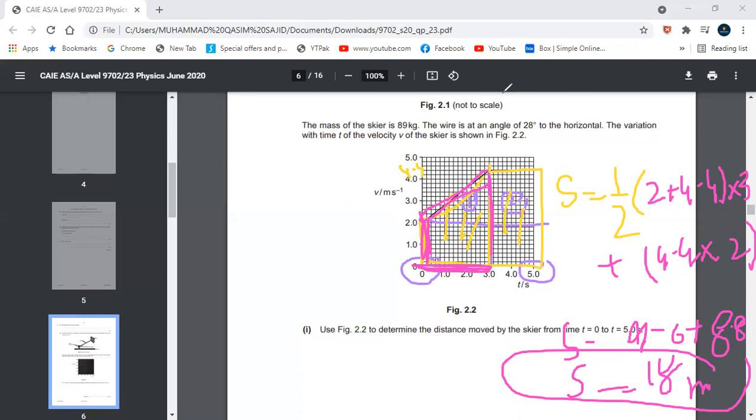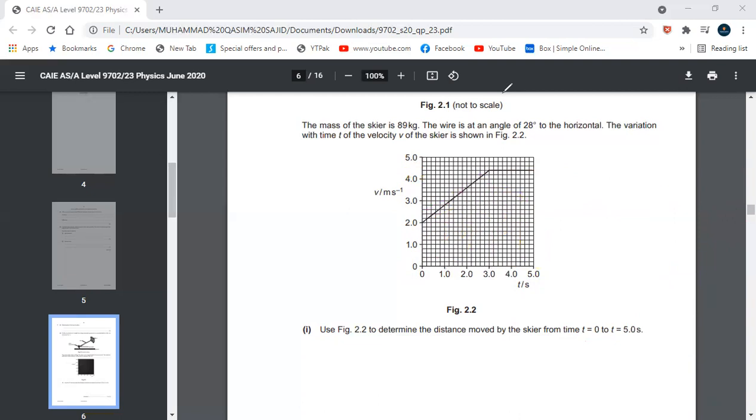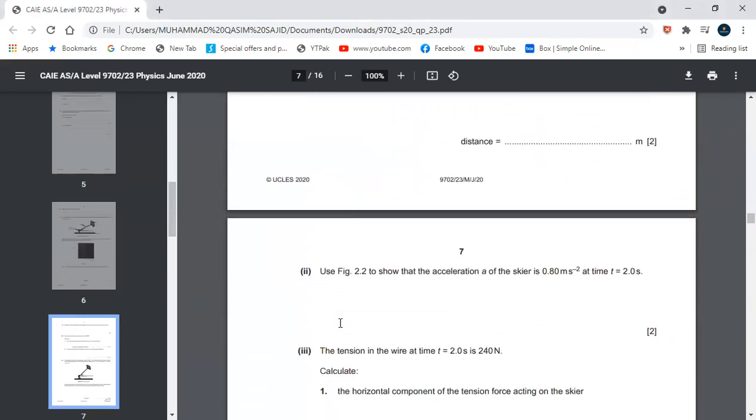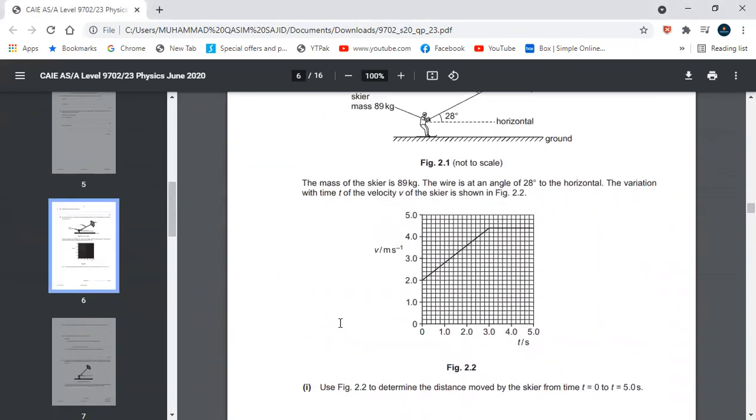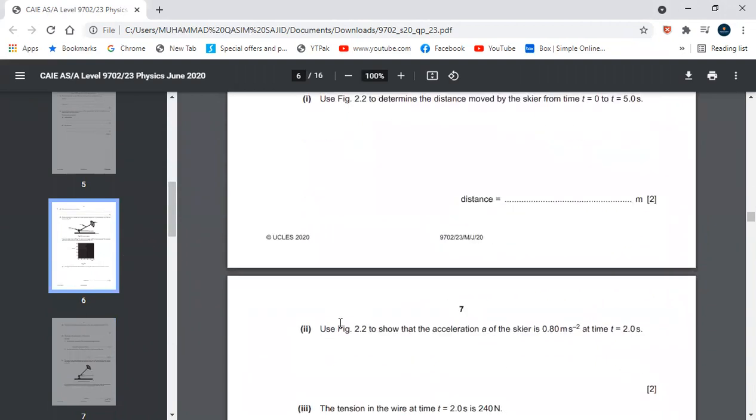Now, for the second part, use figure 2, this graph, to show that the acceleration is equal to this one. We have to show the acceleration by putting in the value: acceleration equals change in velocity divided by the change in time.